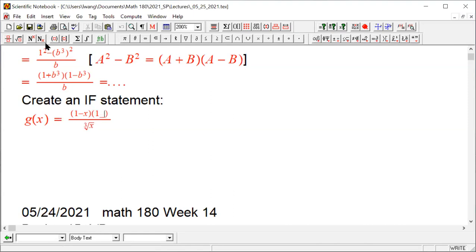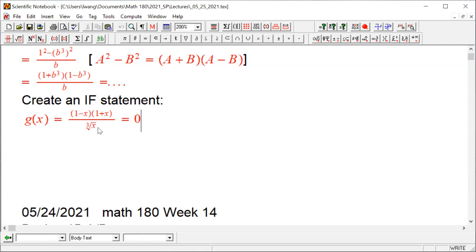Because this form is what we are most familiar with, right? We're gonna say if g of x is 0, right? Because find the x value such that g of x is 0. So you're creating an if statement. That's what it is, right? If the output is 0, right? We've been very familiar with that language, right? Input, output. We're gonna solve for x.